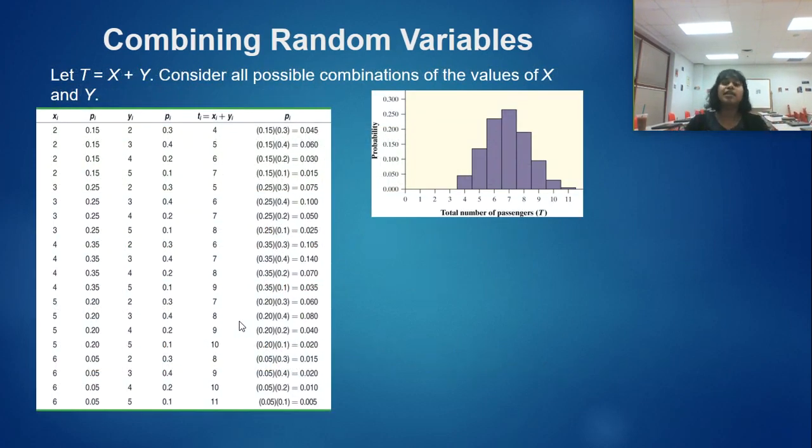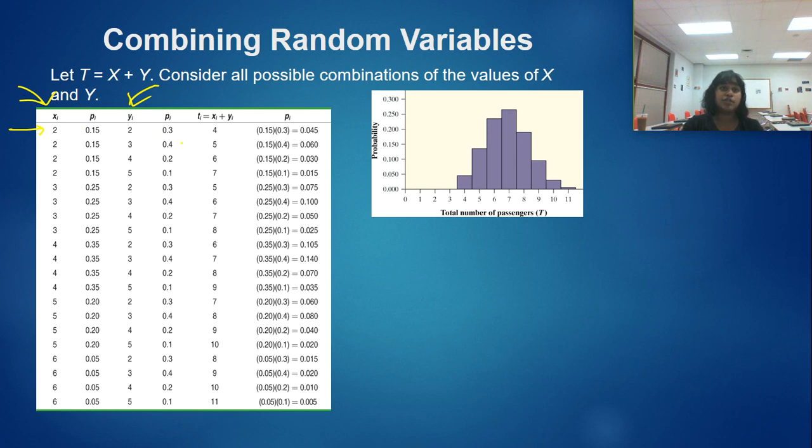But if we let T equal X plus Y, so we're talking about the sum of random variables, then we have to create this table of all possible combinations. So what do you see here? This is Pete's side, this is Aaron's side. If Pete had 2 passengers and Aaron had 2 passengers, well, there is a combination of 0.15 times 0.3.